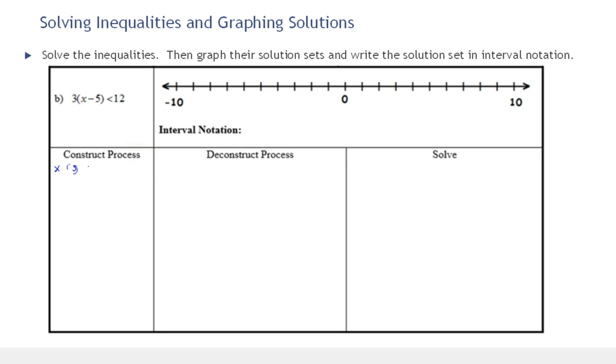X is decreased by 5. Now that decreasing is a difference, so the difference is multiplied by 3.